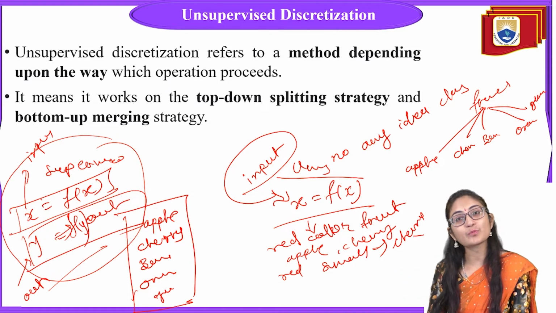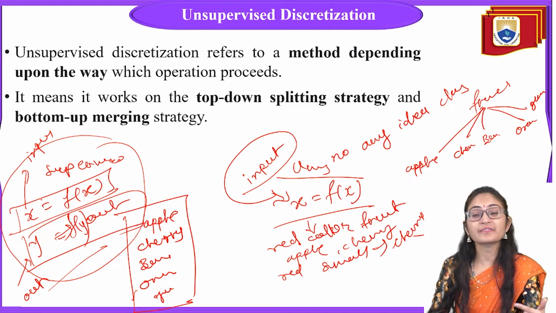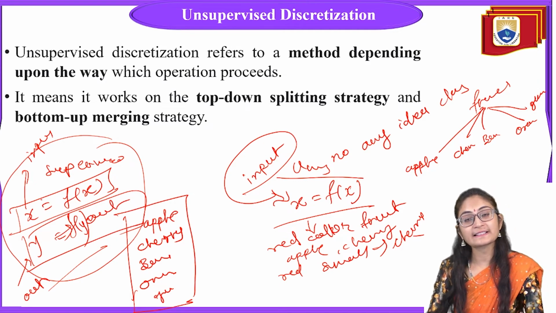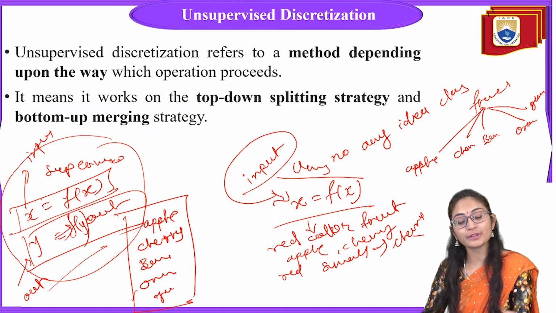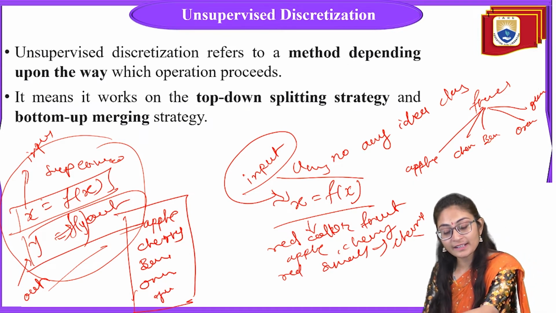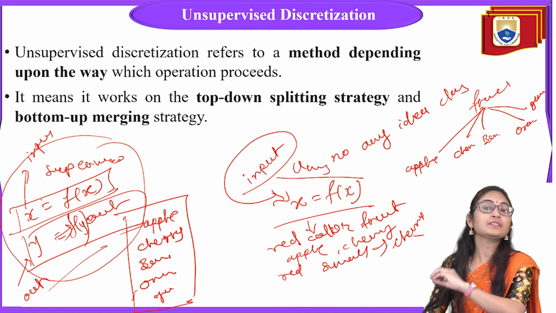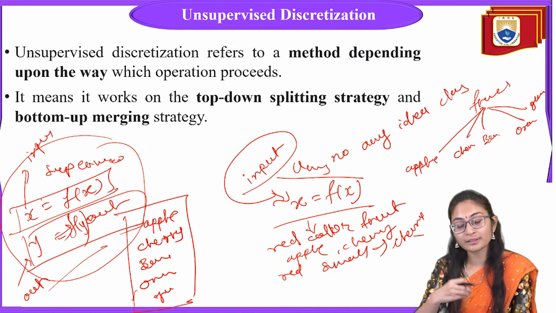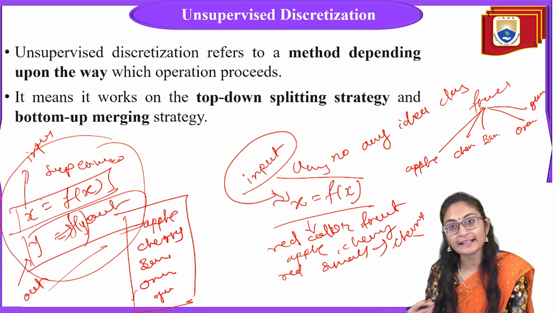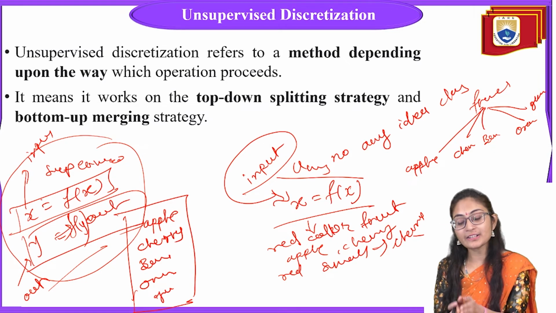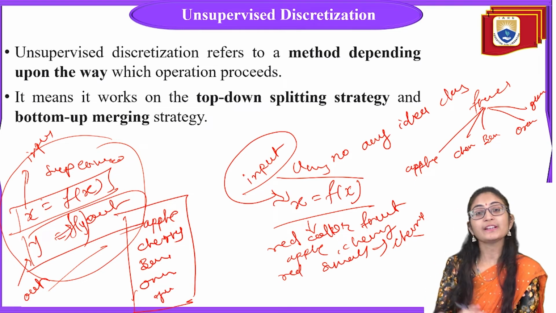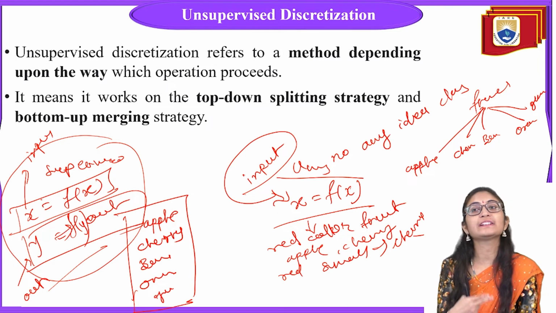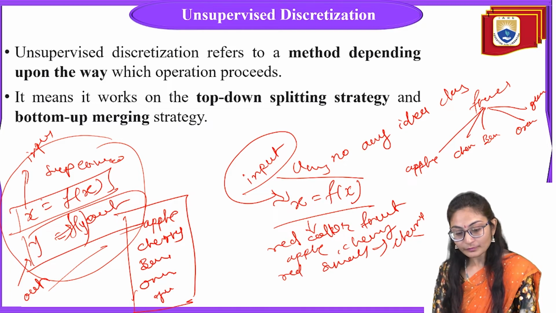It is an untrained model. In supervised discretization, your model will be trained, that's why it knows everything about your data. But the unsupervised model is not trained. It only depends on your conditions. Whatever you are doing, on that basis you will get the output.